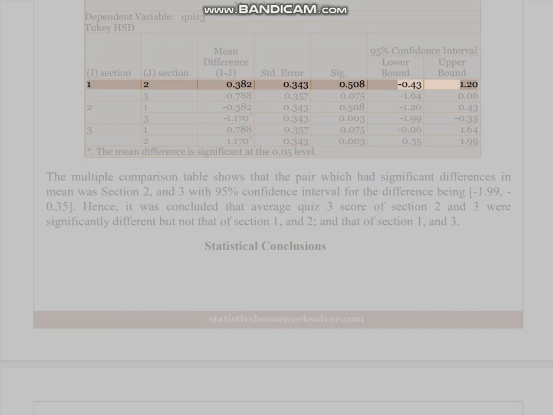Sections 1 and 2: 0.382, 0.343, 0.508. Sections 1 and 3: minus 0.788, 0.357, 0.075. Sections 2 and 3: minus 1.170 asterisk, 0.343, 0.003. The mean difference is significant at the 0.05 level.